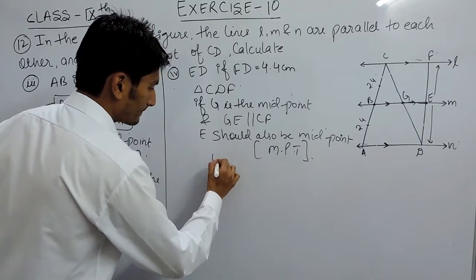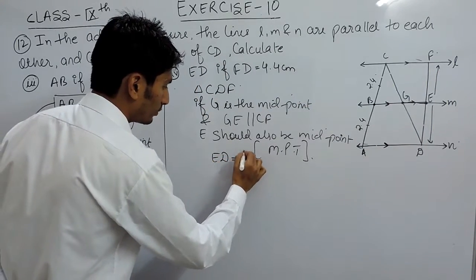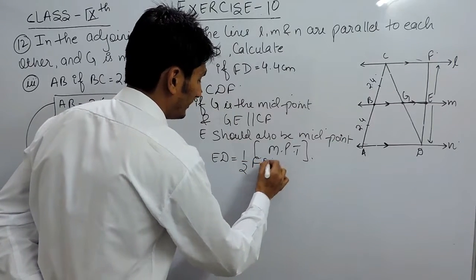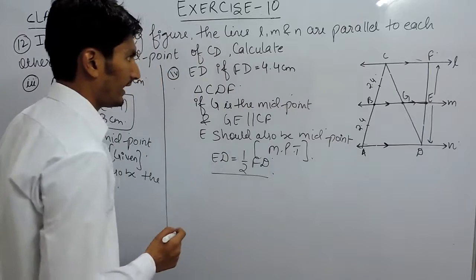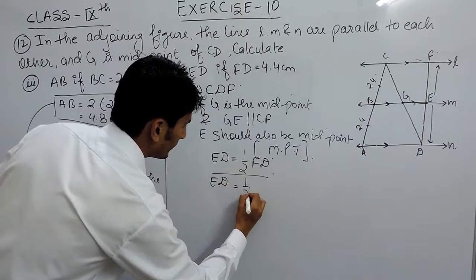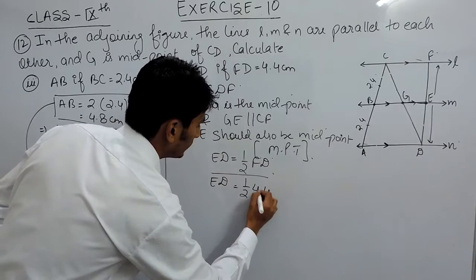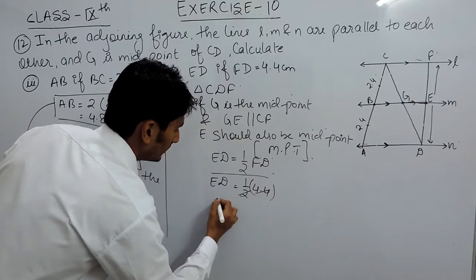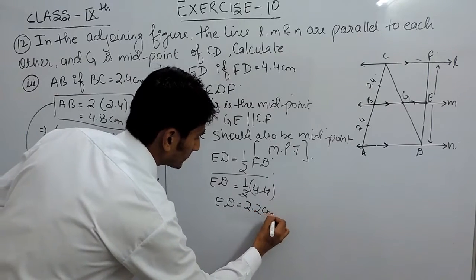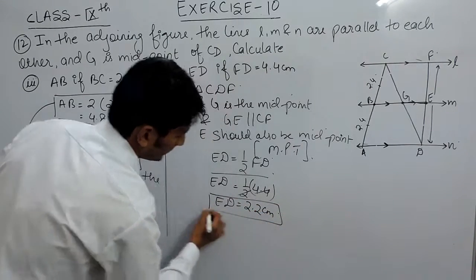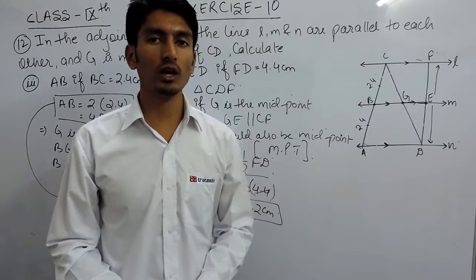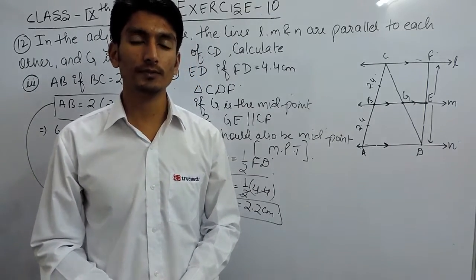So ED must be equal to half of FD, and if you want to find ED, that should be half of FD, which is 4.4. So if I cancel, ED must be equal to 2.2 centimeters. So the value of ED here must be equal to 2.2 centimeters. So this is how you can solve these questions. Thank you.